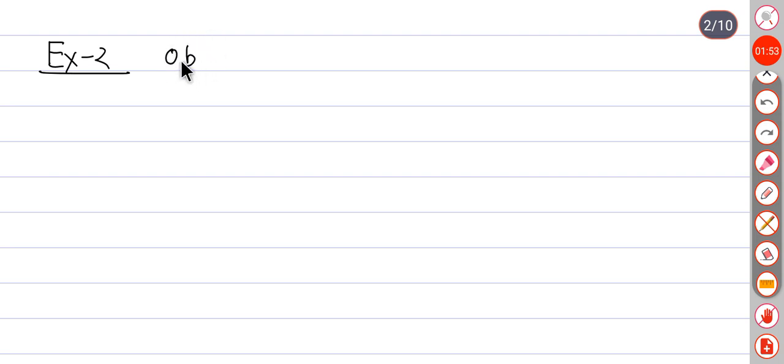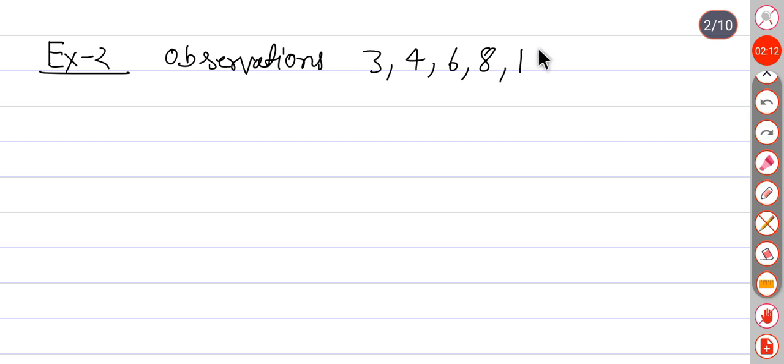There are observations 3, 4, 6, 8 and 14. There are 5 observations. So find out the deviations of each observation from the mean.